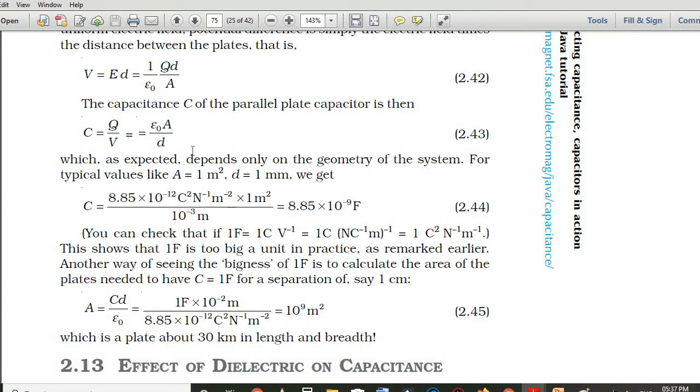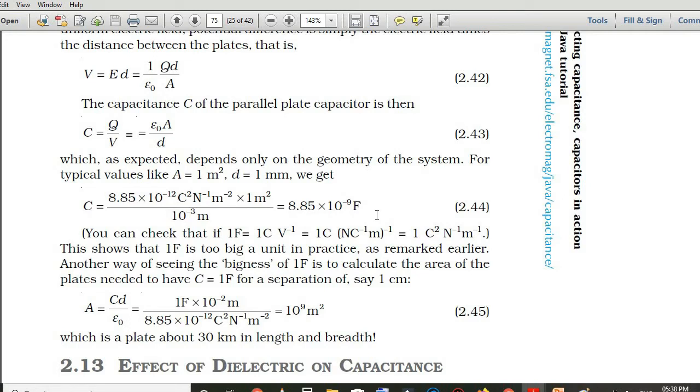Even in this situation, where we have taken the area very large and the separation very small, we got a very small value for the capacitance. That's why I already told you farad is a large unit. As farad is a large unit, we got the capacitance as a small value.